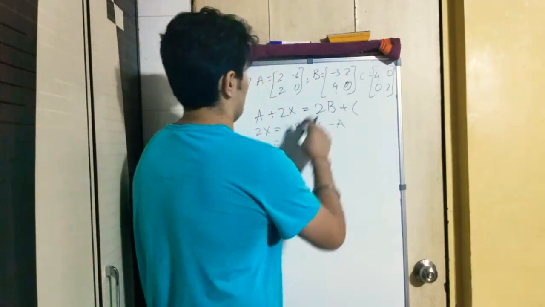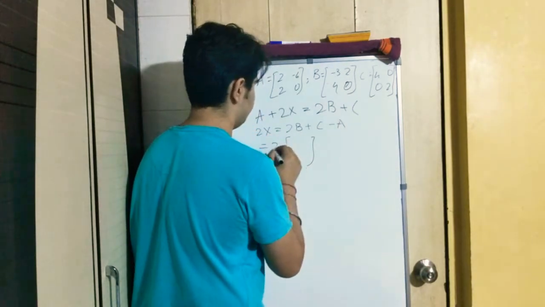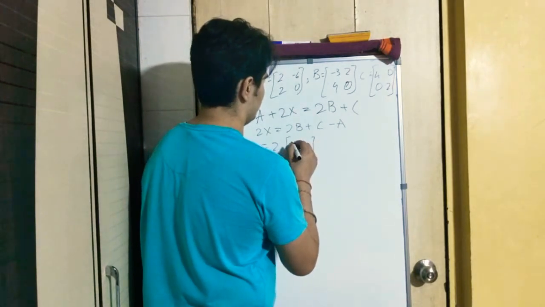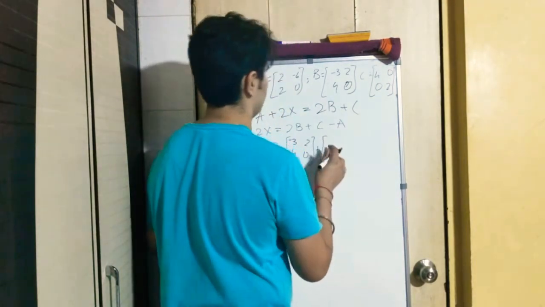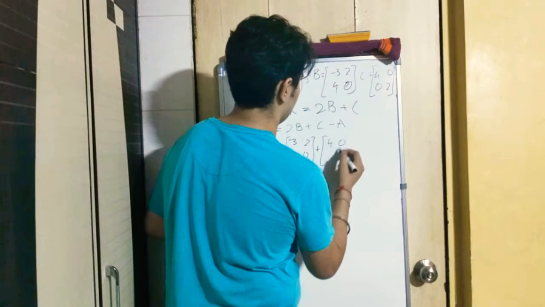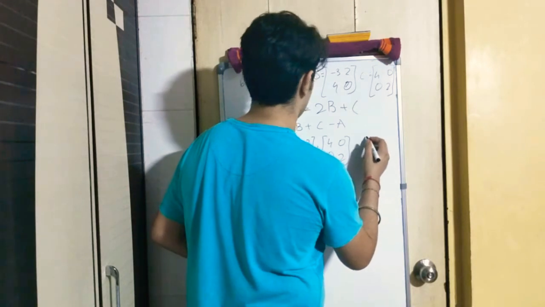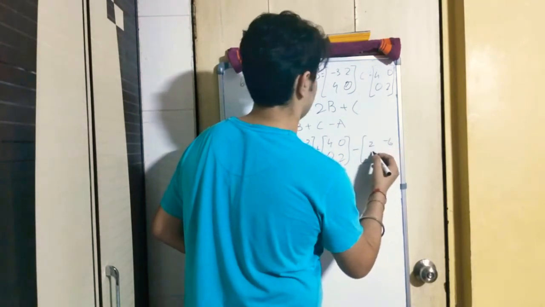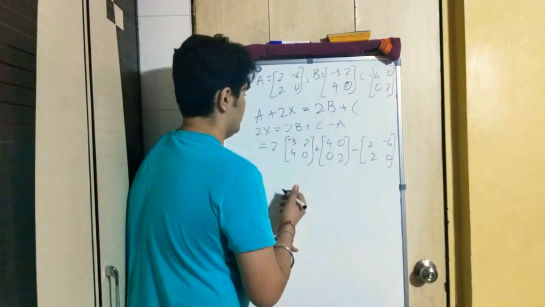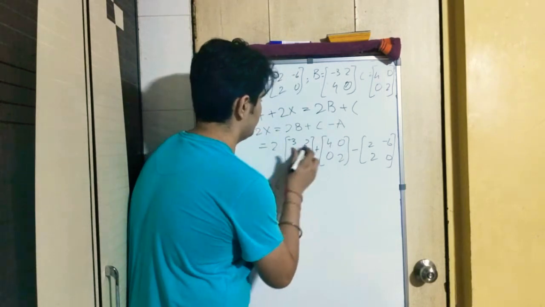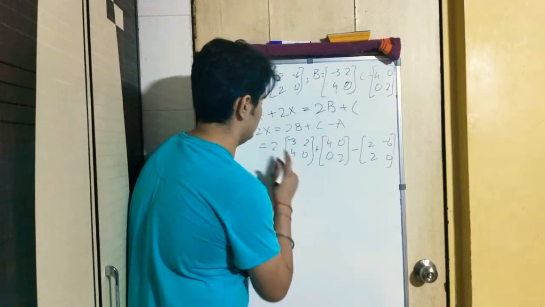If you are good at maths, you can directly solve this here, so you don't need to write 2 into and all that. 2 into B, so [-3, 2; 4, 0] plus C matrix [4, 0; 0, 2] minus A [2, -6; 2, 0]. 2 into minus 3 is minus 6. 2 into 2 is 2 2s are 4. 2 4s are 8. 2 zeros are 0.